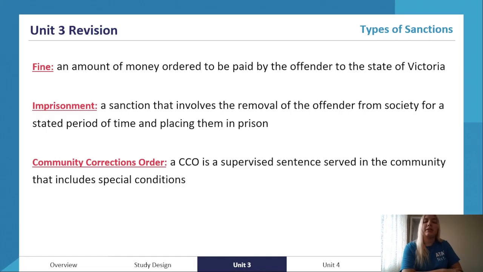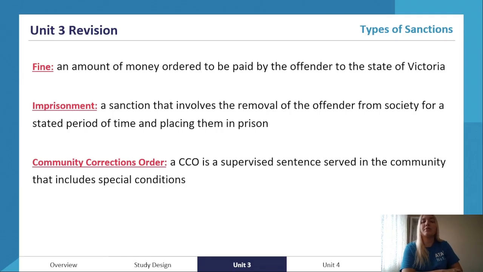This one achieves rehabilitation because usually there is community work attached, and also attending counseling, regular drug testing, and meetings with staff at the CCO centers to talk about their progress and how they've been progressing on their goals and conditions.